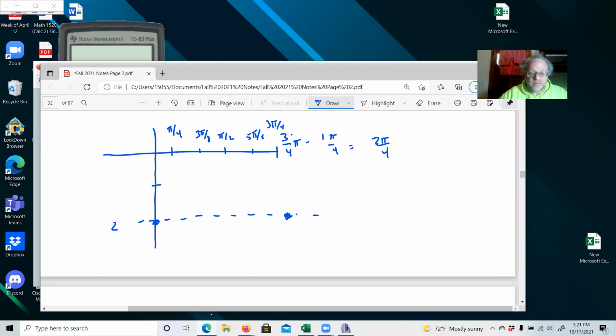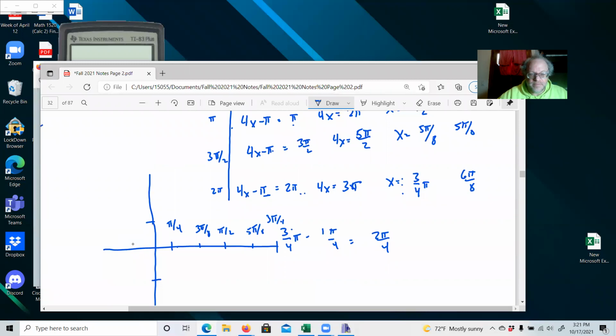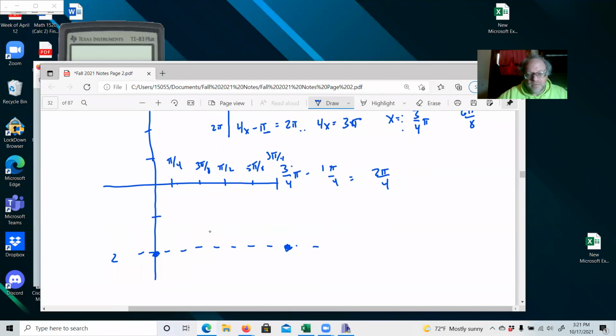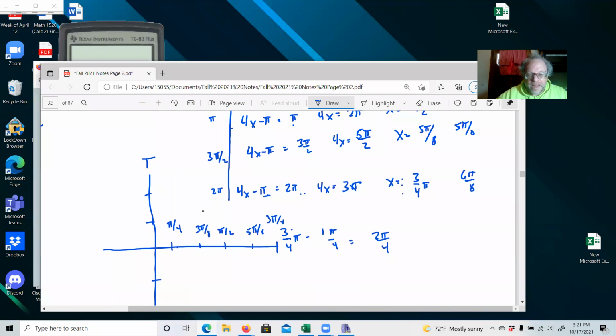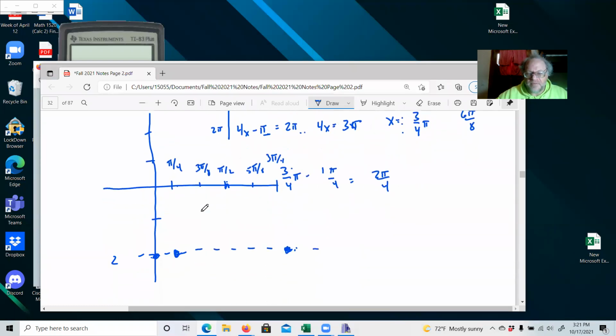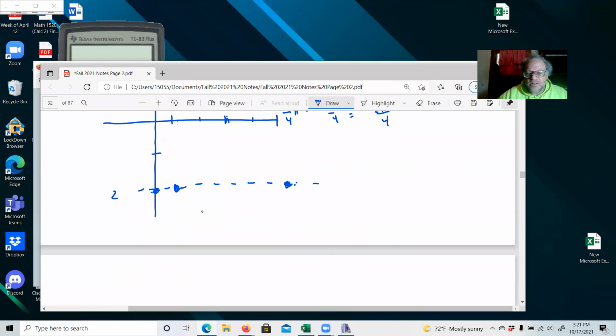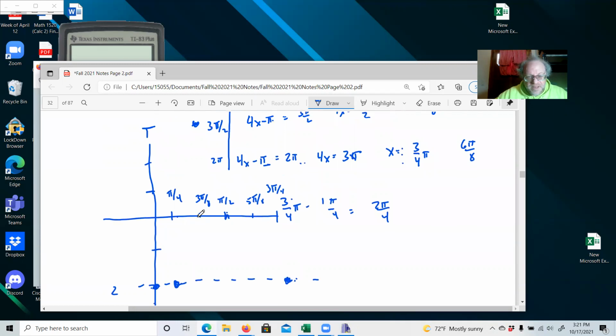It's going to be 1, 2, 3, 4, 5. At 3 pi over 8, we are at our maximum, way up here. Back down at pi over 2, we're back down to 0. And at 5 pi over 8, we are at minus 2, minus another 5. 1, 2, 3, 4, 5, 6, 7. So we're down here. Not drawn to scale.